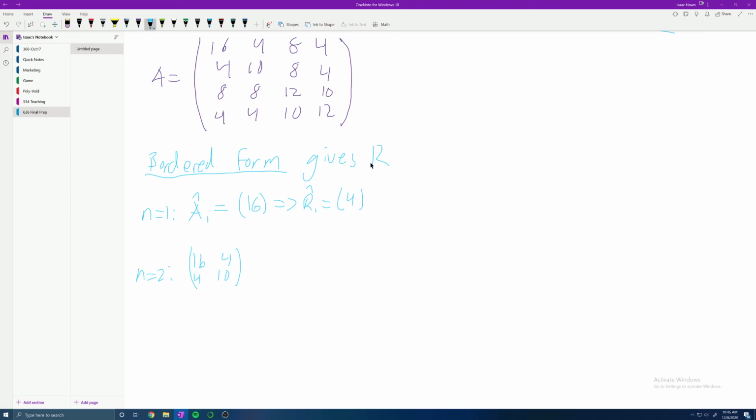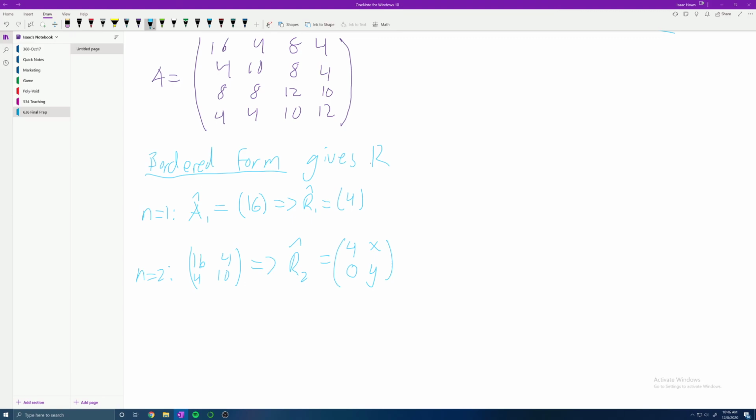That gives us R2, which is going to be, we already computed the leading entry is 4, so this one's going to be 4. We know it's upper triangular, so this is going to be 0. We don't know what these two values are though. We're going to call these x and y, and we're going to figure those out here.